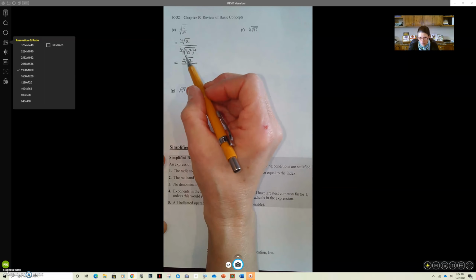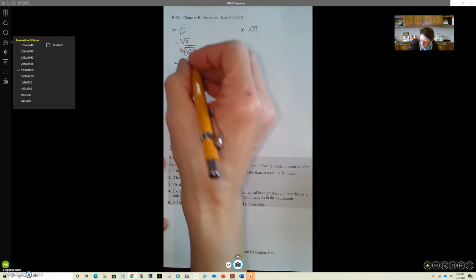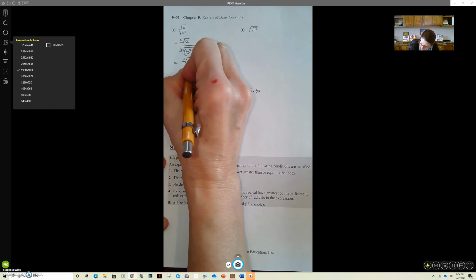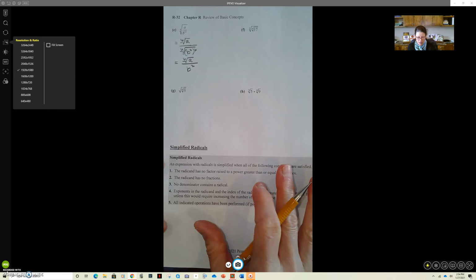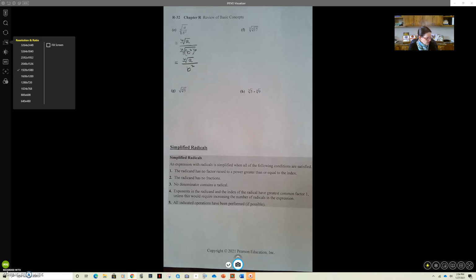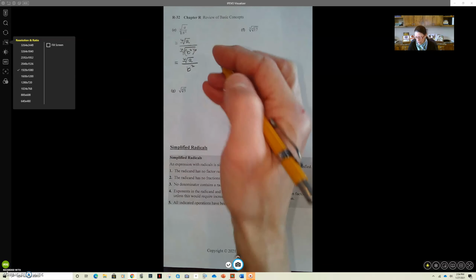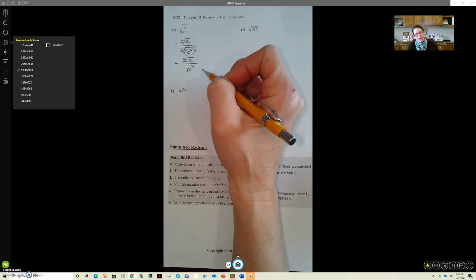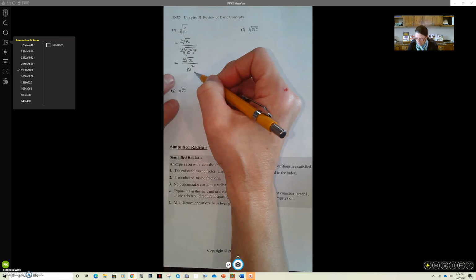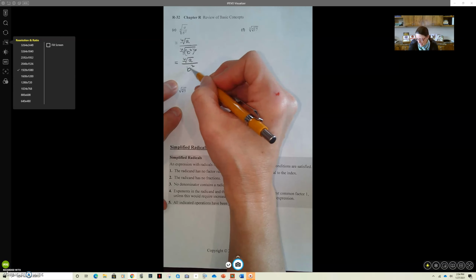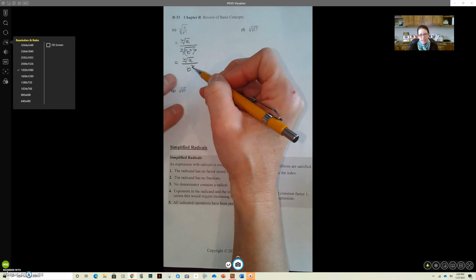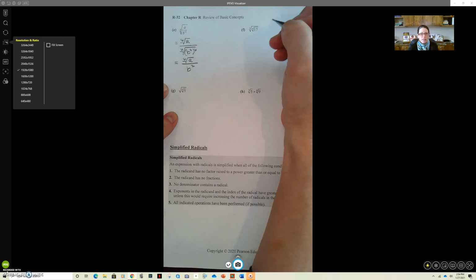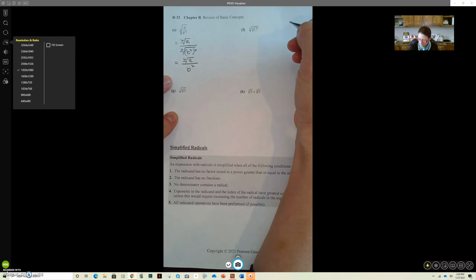In the denominator, we've got the sixth root of b squared to the 6th, which is b squared. Now, we were told that the variable expressions underneath represent positive real numbers. Therefore, you don't need to worry about any absolute value symbols here. But also, anything squared is always going to be positive anyway. So, two reasons we don't need an absolute value symbol.